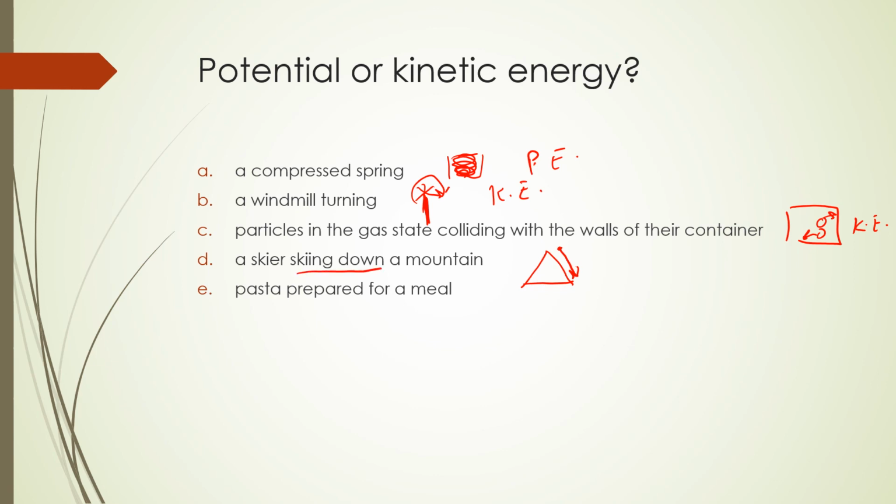It's not telling you that the skier was standing at the top and then is standing at the bottom. If the skier is stationary at the top of the mountain and stationary at the bottom, that difference would be the potential energy. But now the skier is skiing down, so the skier is moving. So in this case, the energy will be kinetic energy.